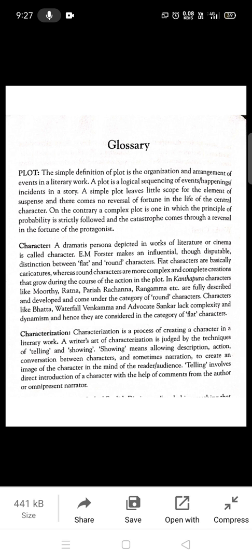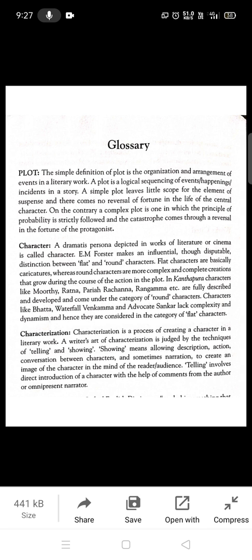A simple plot leaves little scope for the element of suspense, and there comes no reversal of fortune in the life of the central character. On the contrary, a complex plot is one in which the principle of probability is strictly followed, and a catastrophe comes through a reversal in the fortune of the protagonist.